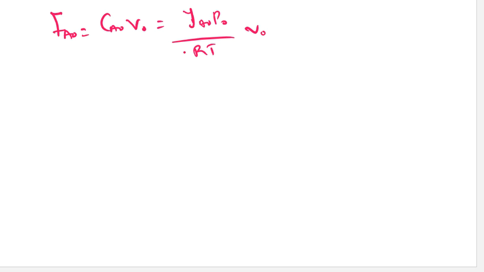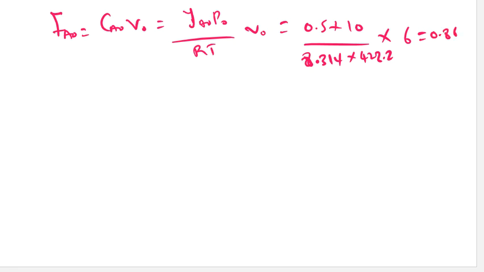When you substitute into all this, it is 0.5 times 10 divided by 8.314 times 422.2 multiplied by 6. Everything will give us 0.867 mole per second for our FA naught.